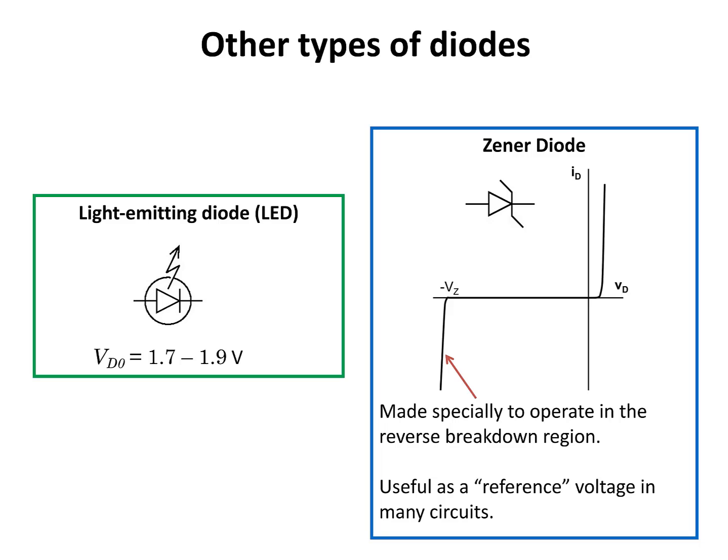The second diode type that we're going to see in this course is a Zener diode. A Zener diode is a special PN junction diode that can operate both when it is forward biased and when it is reverse biased.